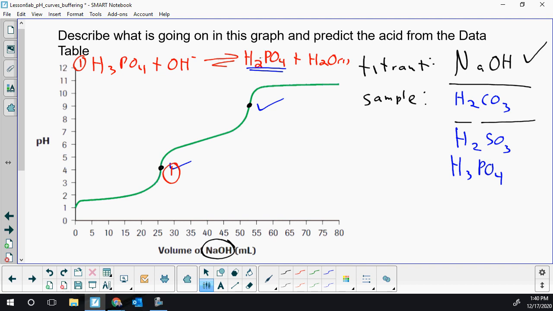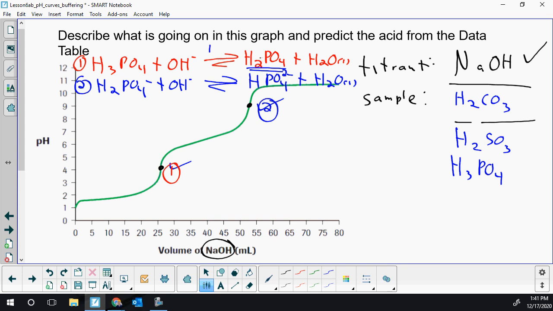Now, this product can also lose an H. We keep dumping in more hydroxide, the titrant, which we can just dump more and more mLs in. And that's going to make HPO4 2-, and another water. And that's going to happen at our second equivalence point.